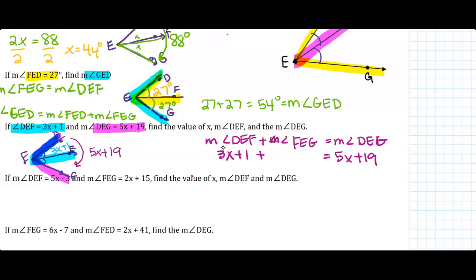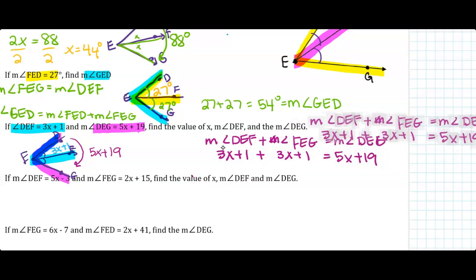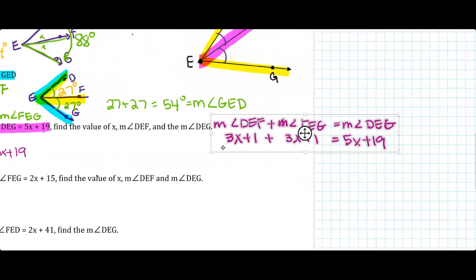This will work just like the segment bisecting that we did, where we just use the measure of angle DEF for the measure of angle FEG. So we would just say 3x plus 1 again, since we know that those two angles are congruent since it's been bisected. Then from there, it's just solving the equation.